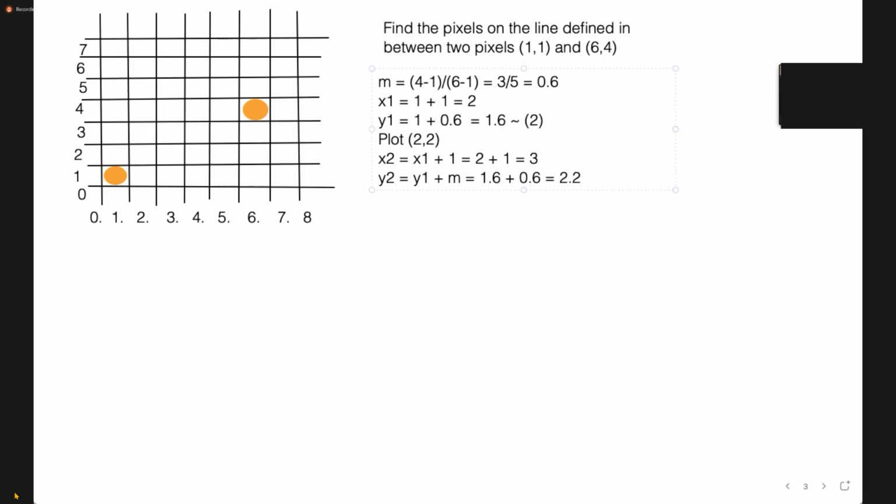This will be taken again as 2. We cannot put it as 3 or something. That we have to take as 2.